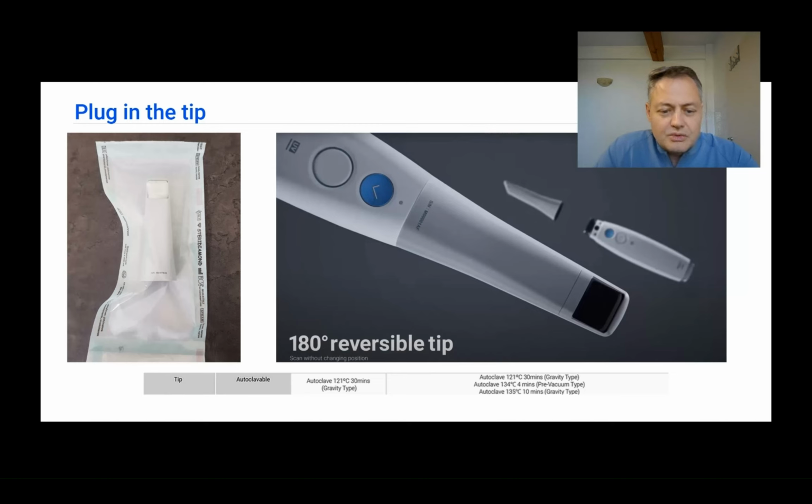So you are going to receive tips in the i600 that can be sterilized around 100 times, and in the i700 and i700 wireless they can be sterilized 150 times. And you can see here below how they can be sterilized with gravity type or pre-vacuum type autoclaves, at 121 degrees or 134 degrees, and how much time you need.